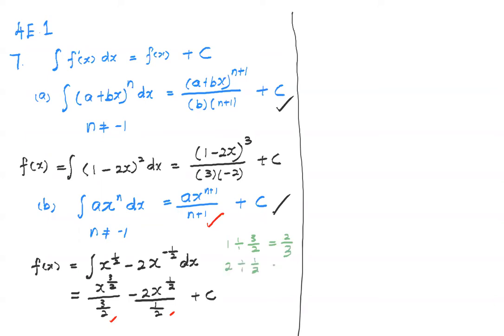Your scientific calculator will give you 4. So everything simplified, you can use your scientific calculator. Then you write down your answer: 2/3 x to the power of 3/2 minus 4x to the power half plus C.